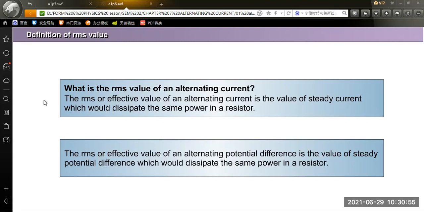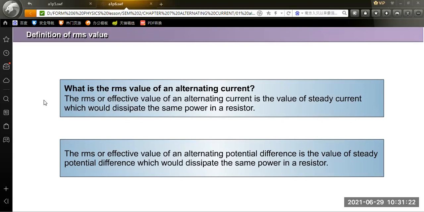But if I use 5 volt of alternating current, the effective value is actually less than 5, around 4 or so.